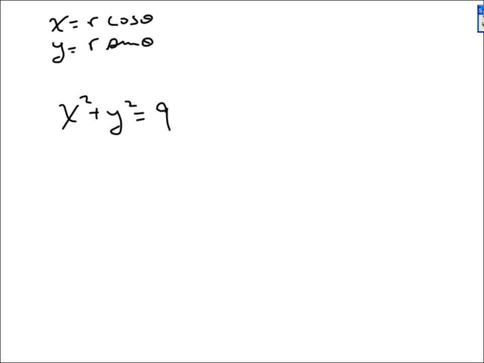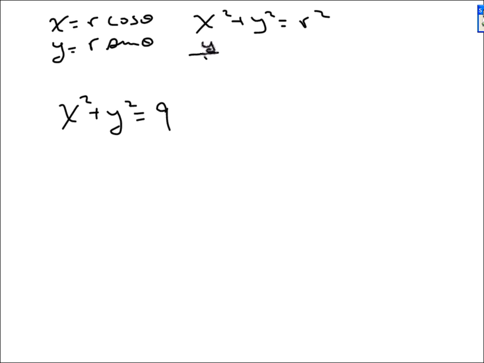Okay, now we want to convert the given rectangular equation to polar form. Suppose you have x squared plus y squared is equal to 9. Now remember, x is r cosine theta. y is r sine theta. x squared plus y squared is r squared.